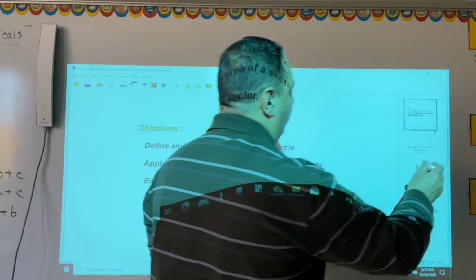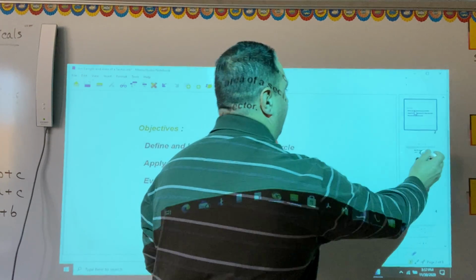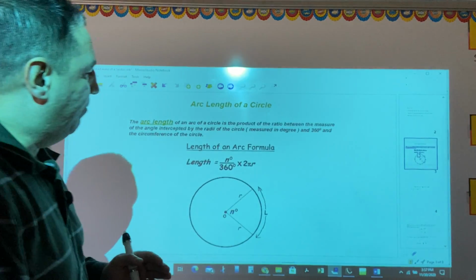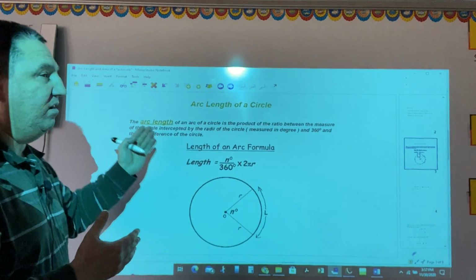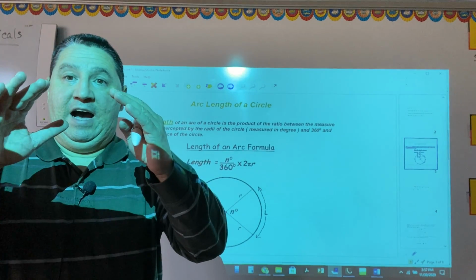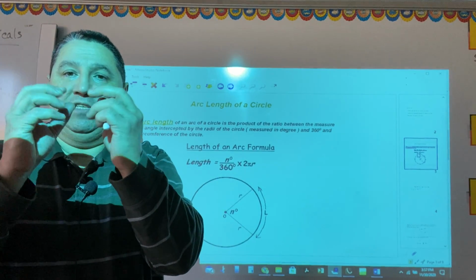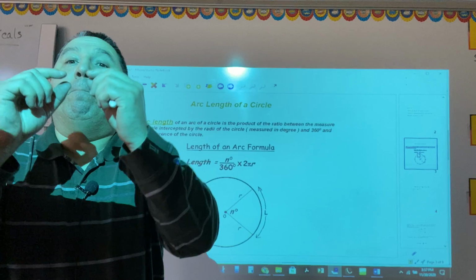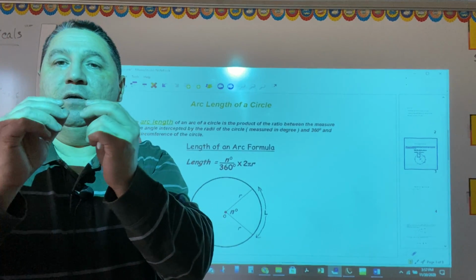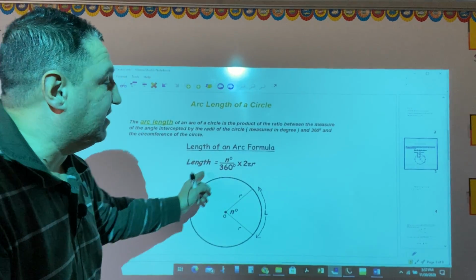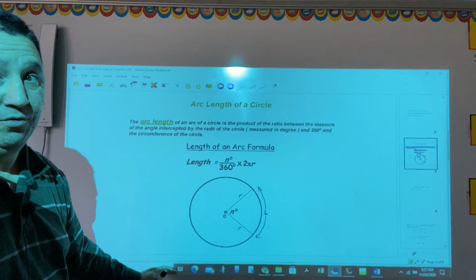Now, let's start with arc length of a circle. Now, what is an arc length? An arc length of a circle is a portion of the circumference of the circle.